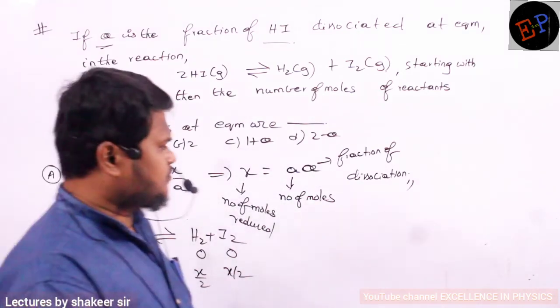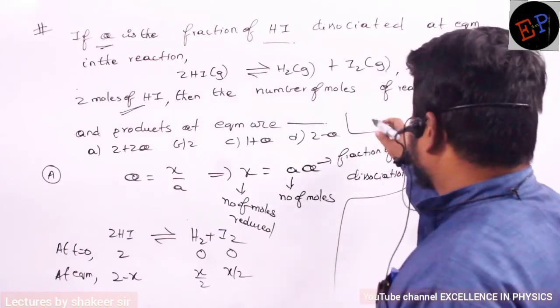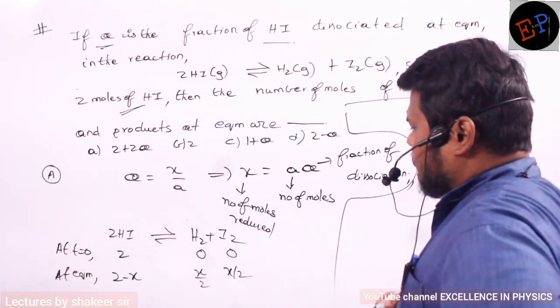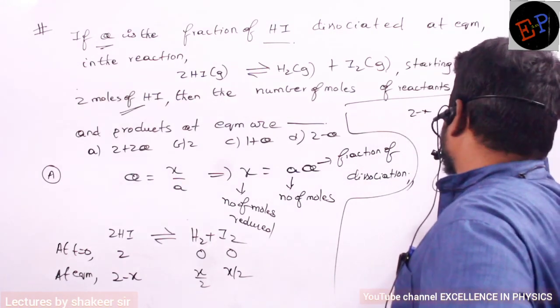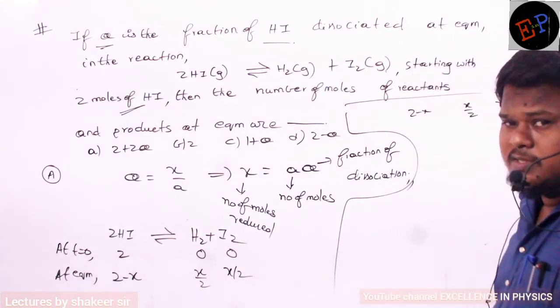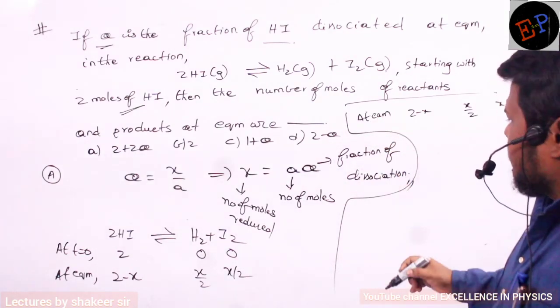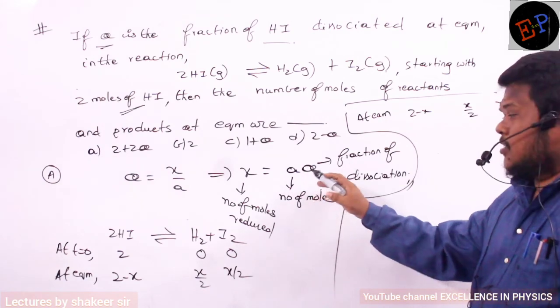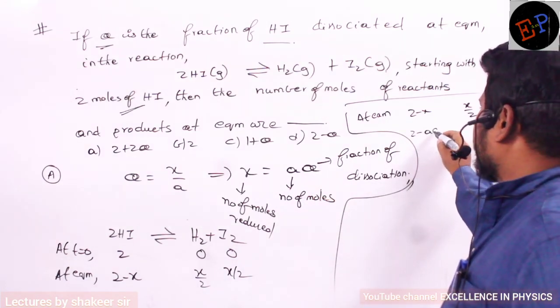Now substitute. We shall do the calculation here. So 2 minus x, x by 2 and x by 2. These are the final number of moles at equilibrium. And the x value I have already calculated. What is the x value? a into alpha. So 2 minus a into alpha.